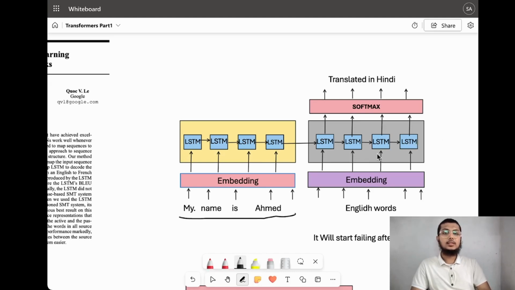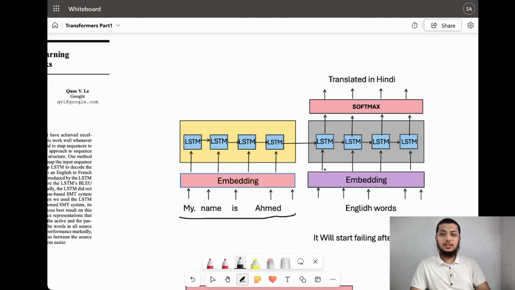Now we pass this context vector to the decoder, and the decoder in a step-by-step fashion produces output on a word by word basis.